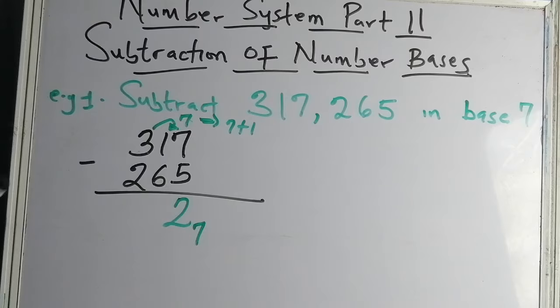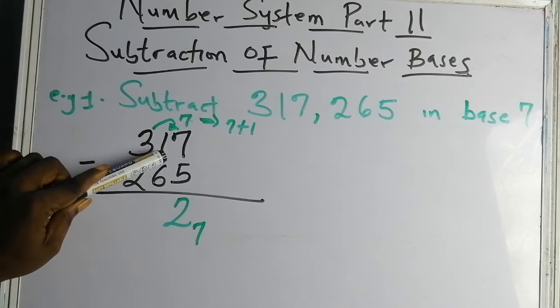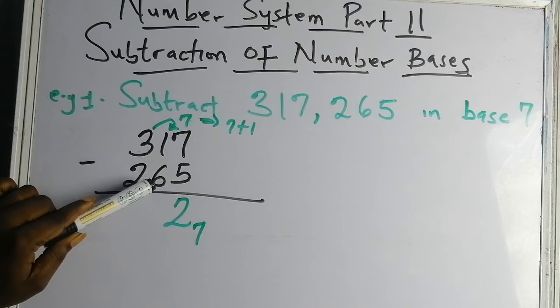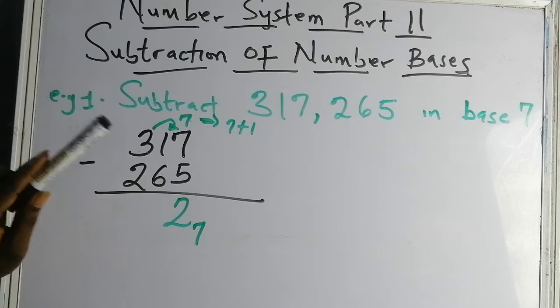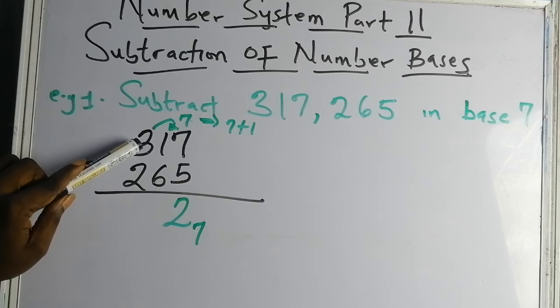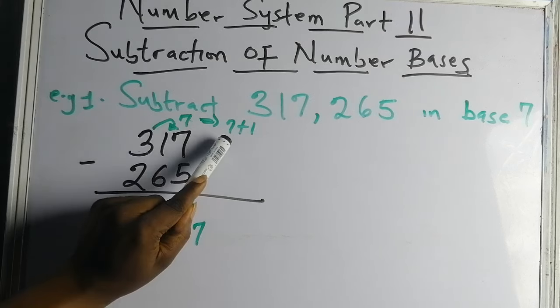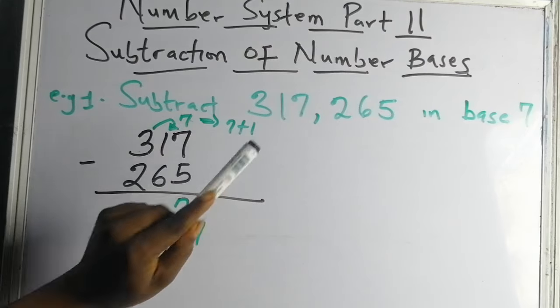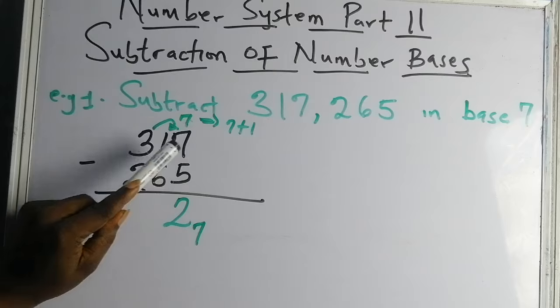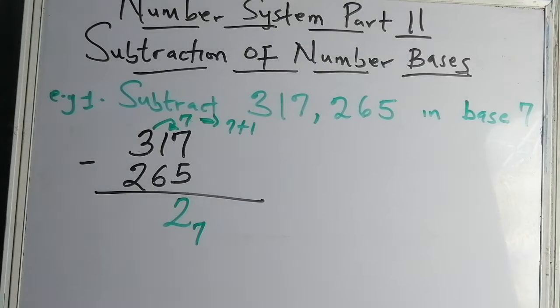So I'm carrying 1 from 3 to this one here, because I cannot subtract 6 from 1. The one I'm carrying here is already that base 7. So it will now be 7 plus 1, which is this 1 here.